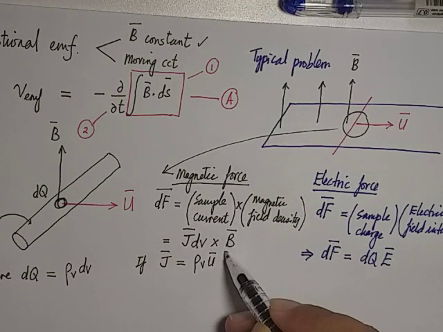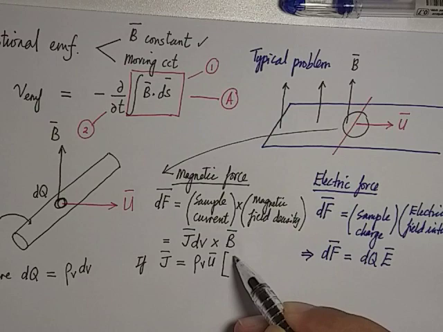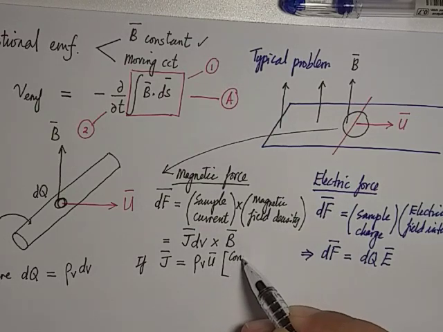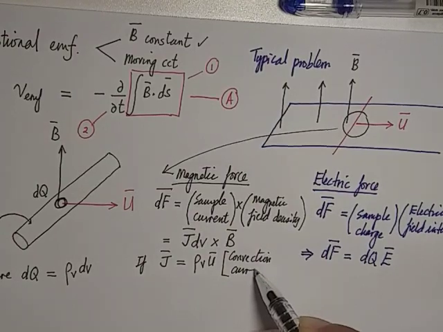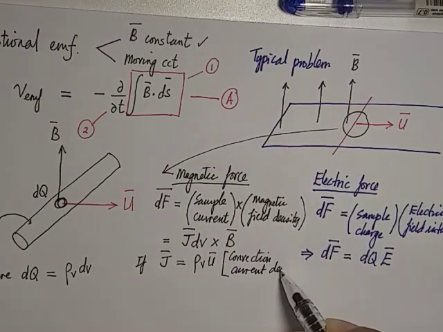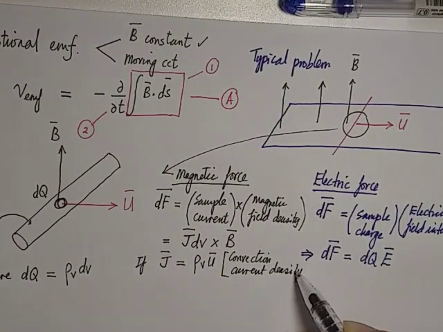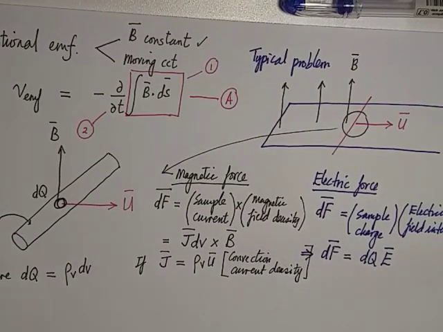What type of current is this known as? Yes, convection current density. So that should be the one that we're going to substitute.